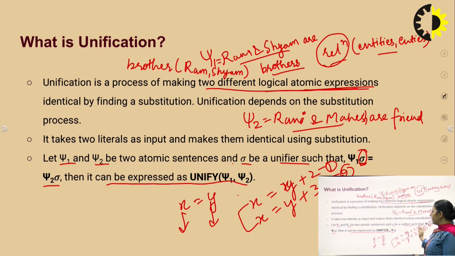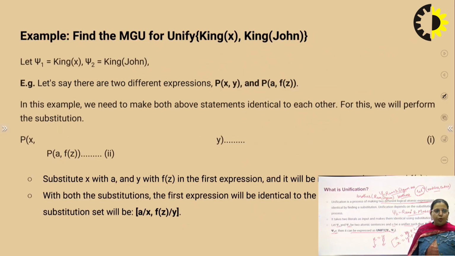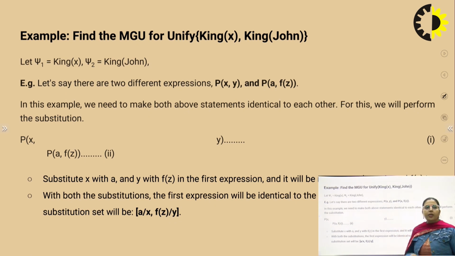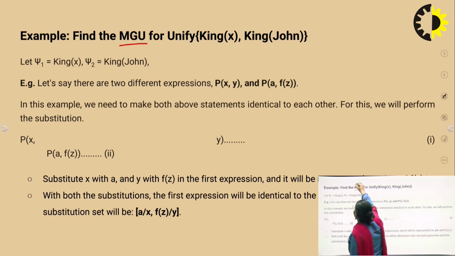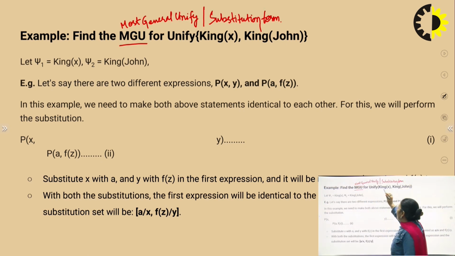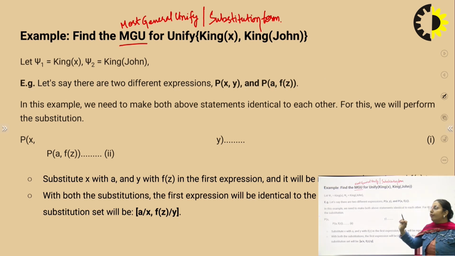That's why sigma is used. So here is an example: find the MGU. Here MGU is the most general unifier. It is the term that we need to find. The values that we substitute in either the first or the second expression come under the MGU, the most general unifier.